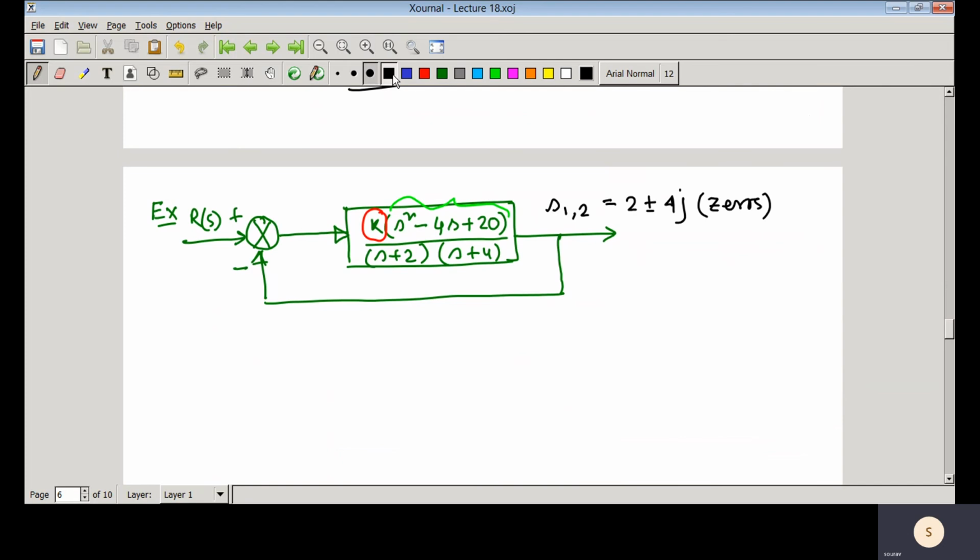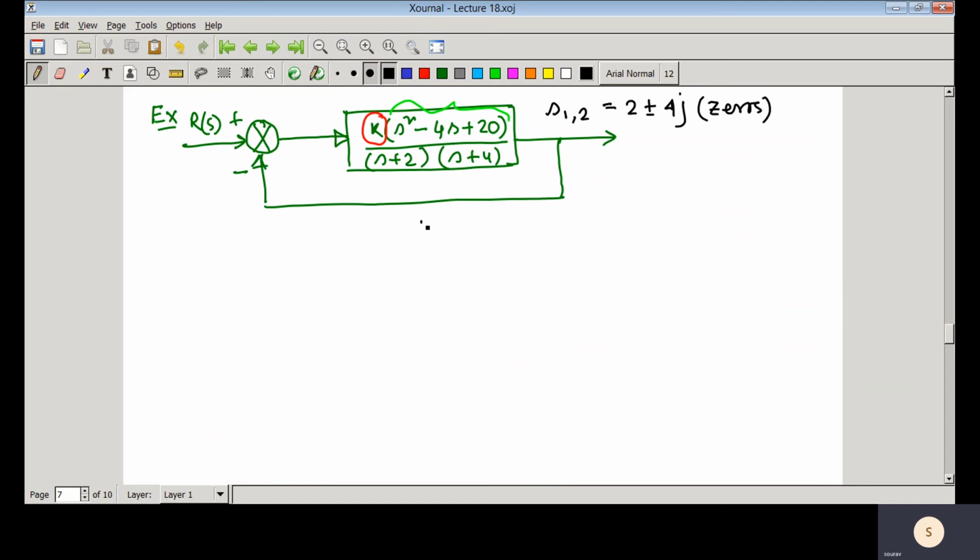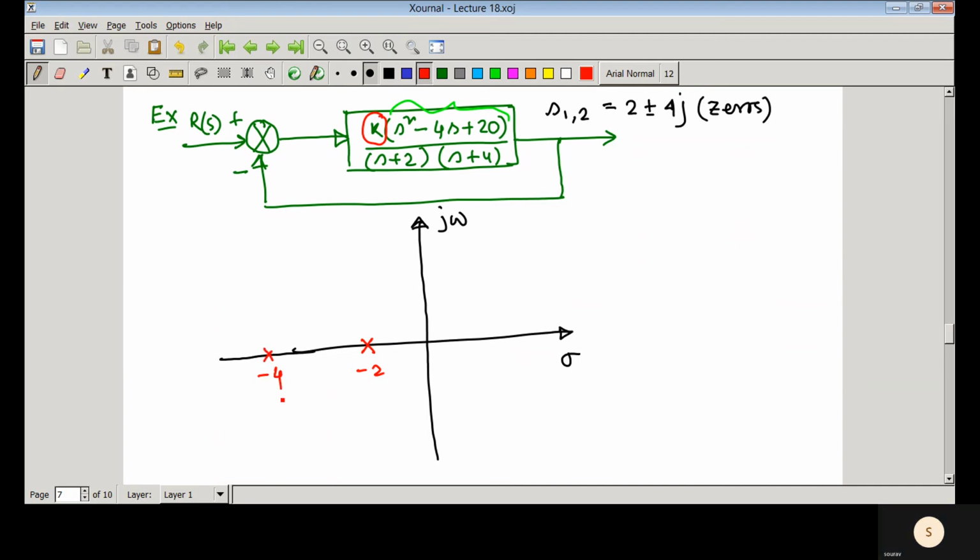So let us first draw the root locus here.